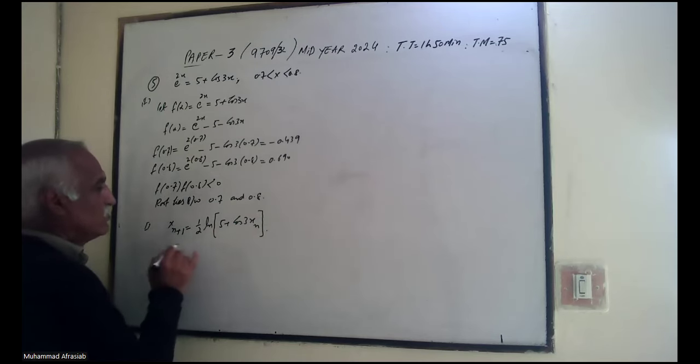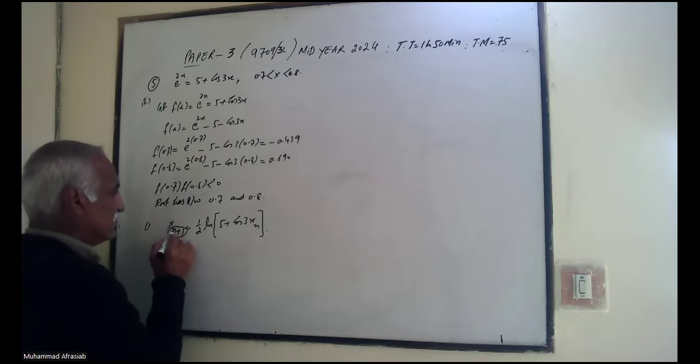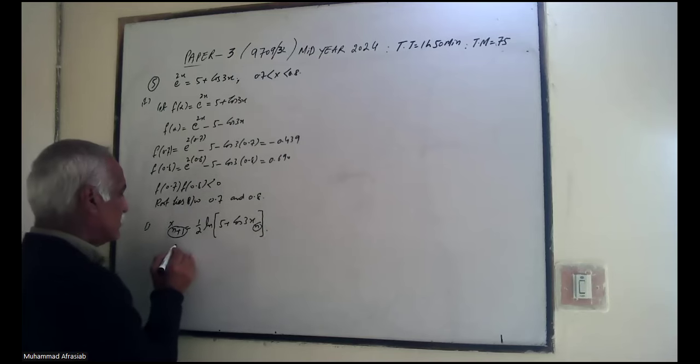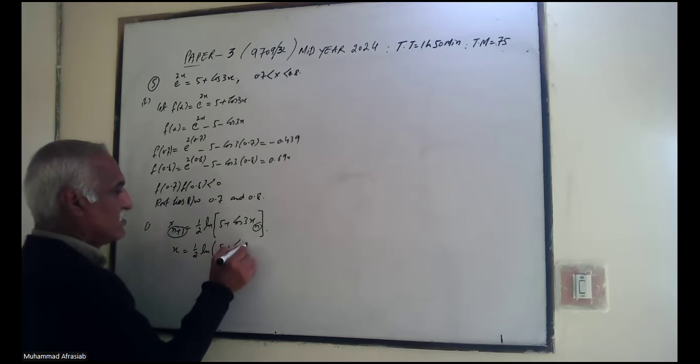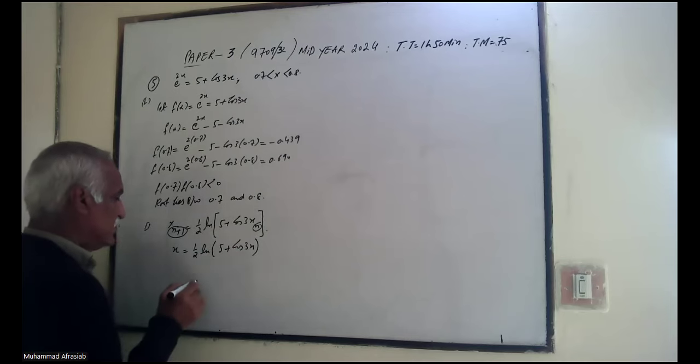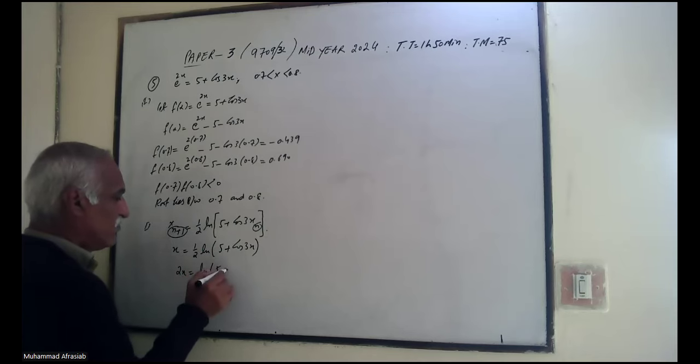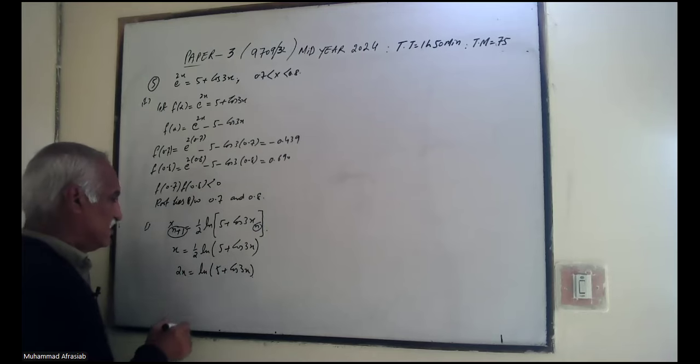So first we are going to remove this subscript. So this will become x is equal to half ln of 5 plus cos of 3x. This 2 will be multiplied with this. So 2x is equal to ln of 5 plus cos of 3x.